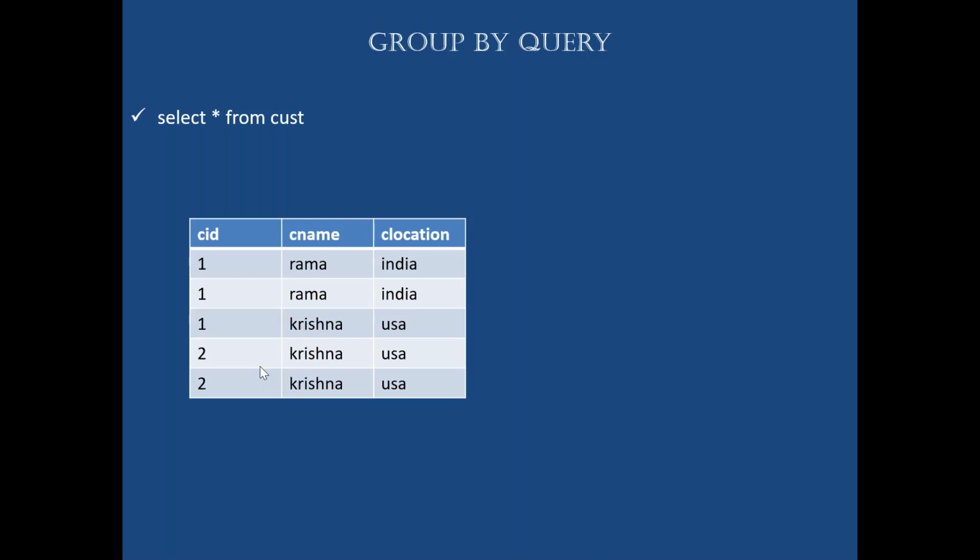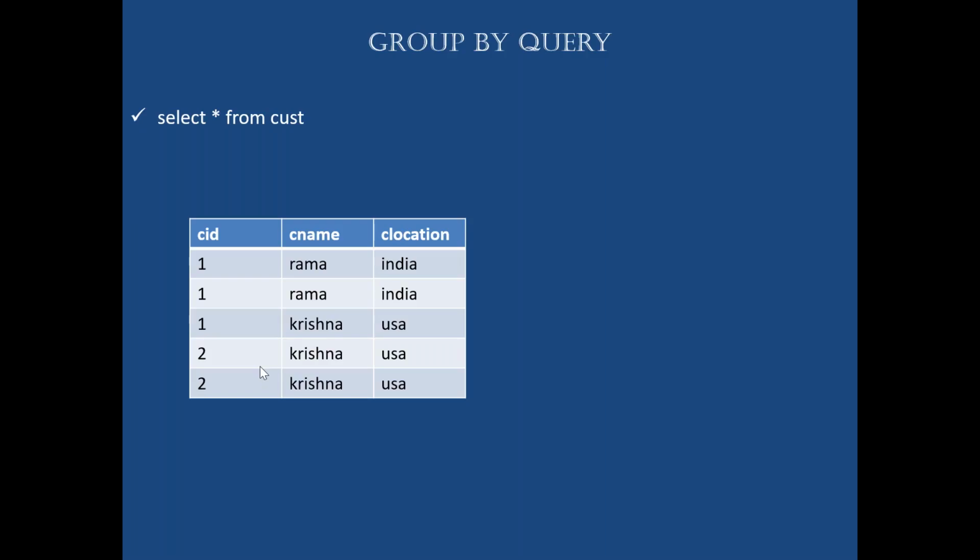Now if I say group by CID, CNAME, C location, how many groups will I get? Three groups. Sir, three: one India, one USA, two USA. Because I said group by CID, CNAME, C location, one Rama India is one group.